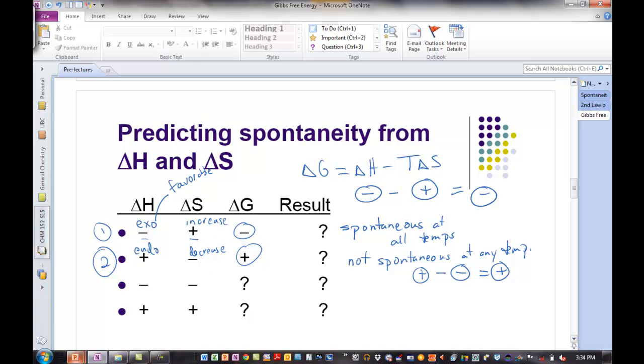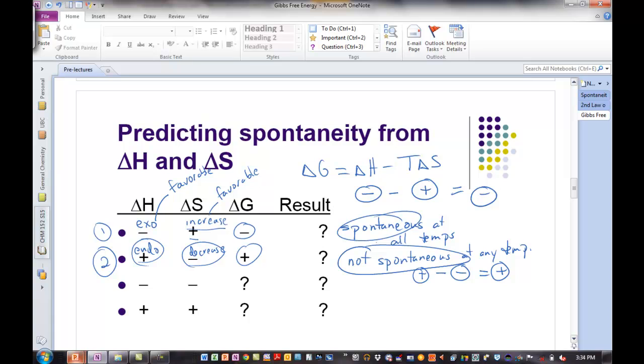Reactions that lead to an increase in entropy, more disorder, are favorable. If both quantities, heat flow and entropy change, delta H and delta S, are favorable, the reaction is spontaneous at all temps. Conversely, if they're both unfavorable, endothermic, where we have to supply energy from the surroundings, and it leads to more order when we form the products, a decrease in entropy, those are both unfavorable. That type of situation is not spontaneous.